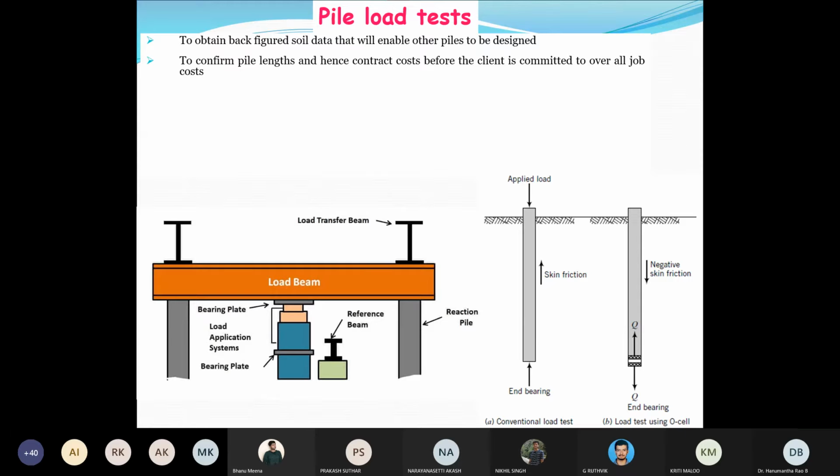When you talk about the pile, the whole of the pile cost is associated with the pile length. When you construct a shallow foundation, we hardly need to excavate 3 to 4 meters depth. But when you go for the pile foundation, you have to use heavy equipment which is very cost intensive, and the more the depth, the more the cost increases.